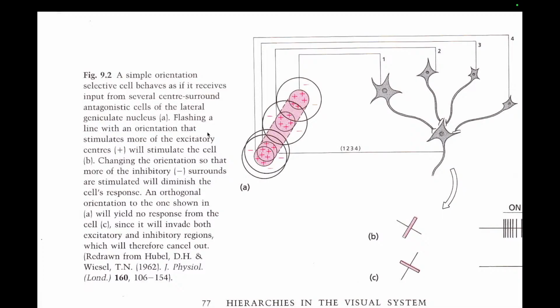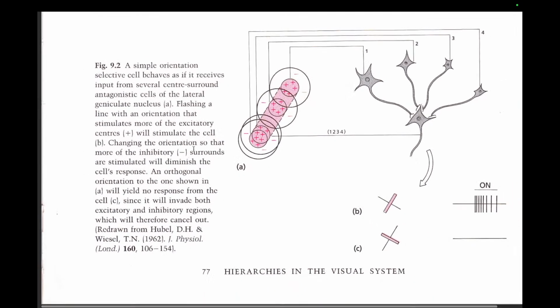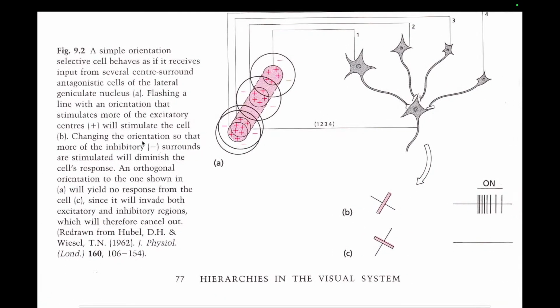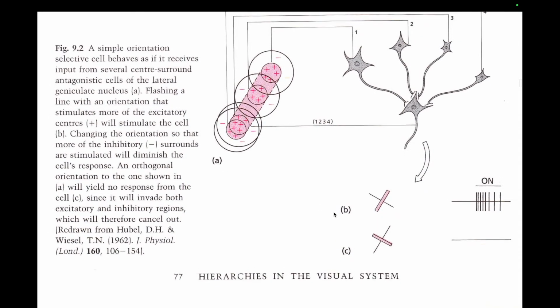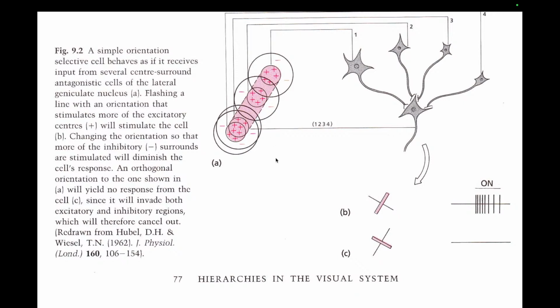Sorry, electric discharge. Changing the orientation so that more of the inhibitory, which is a decrease, surrounds are stimulated will diminish the cell's response. An orthogonal, which means 90-degree orientation to the one shown in A. So our 90-degree change. So this is a receptive field here. Light is going this way. So it's passing through all the positives.